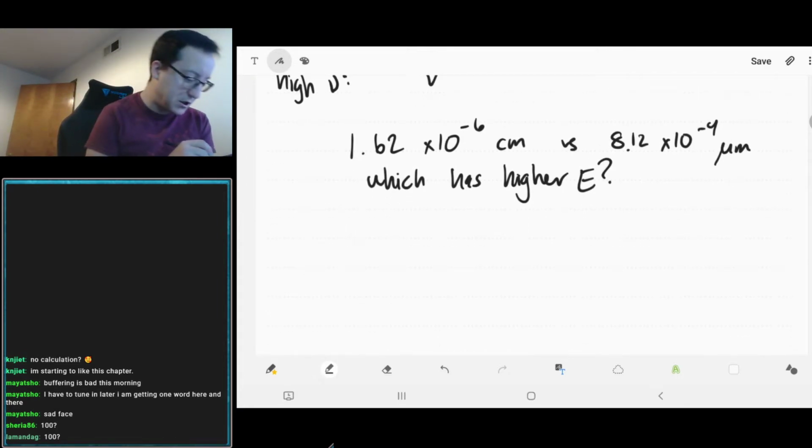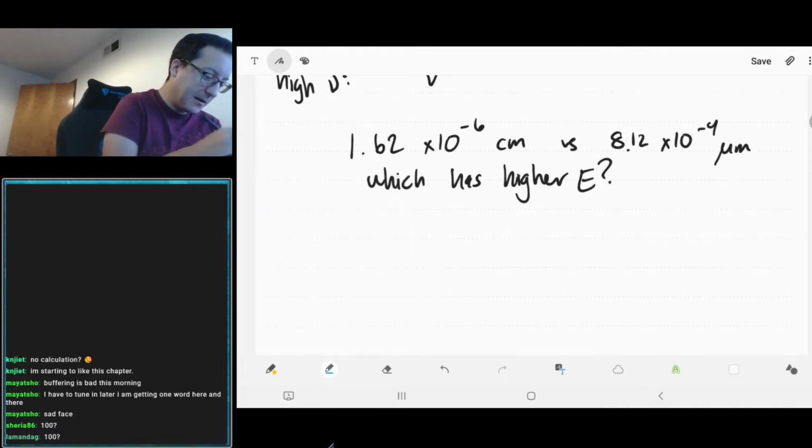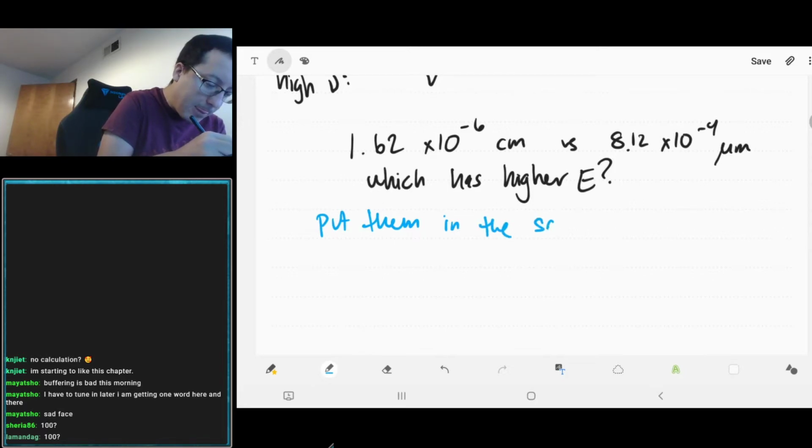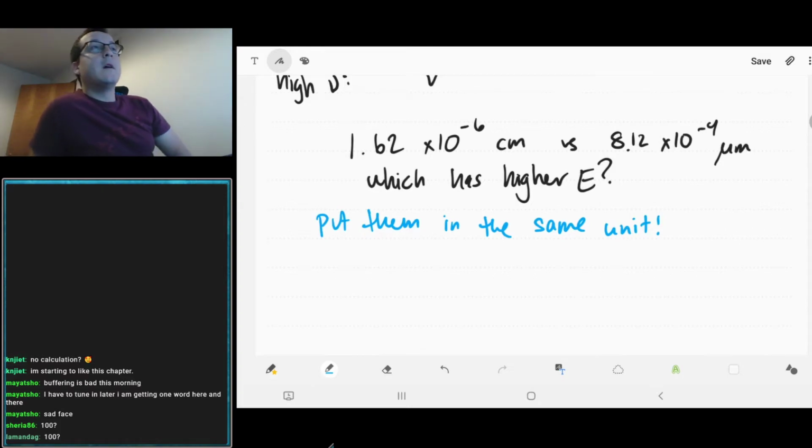And so what we'll want to do is put them in the same unit. A lot of students, actually I think it was more in 111, asked whether exams are cumulative or not.